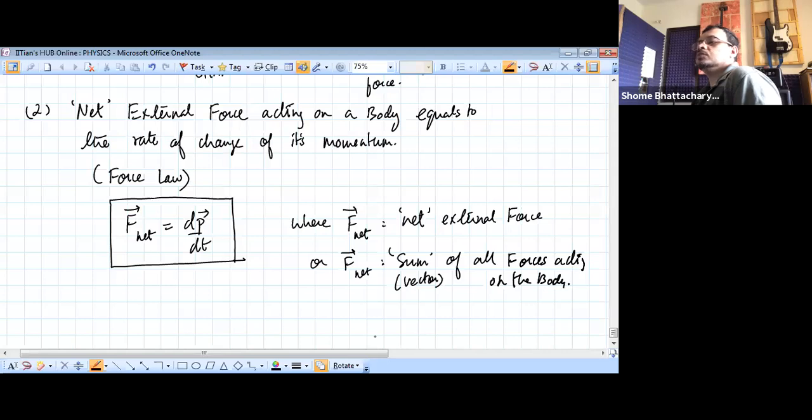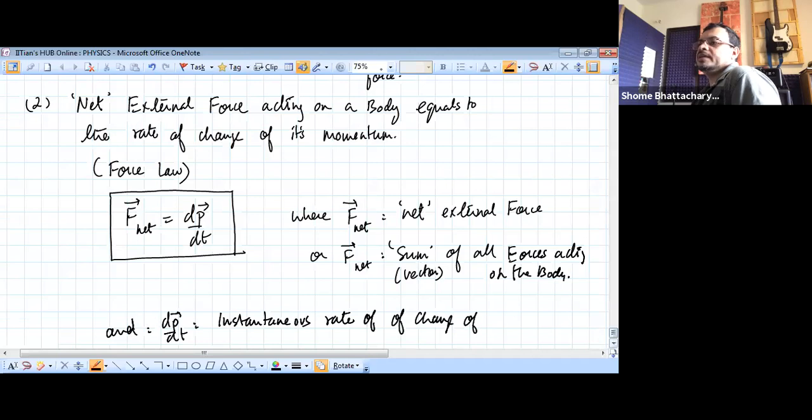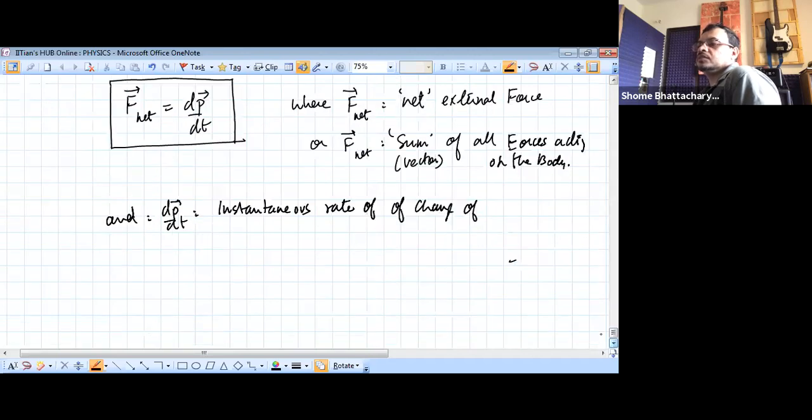So we'll discuss more about this later. And this quantity, this is the instantaneous rate of change of momentum with respect to time.